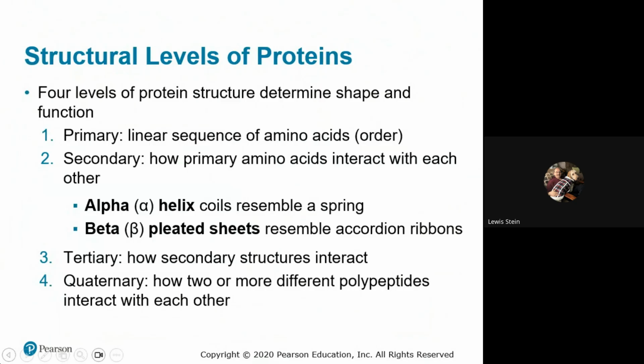Okay. Tertiary involves other interactions. Tertiary has to do with the R groups. And the R groups fall into 6 different categories.